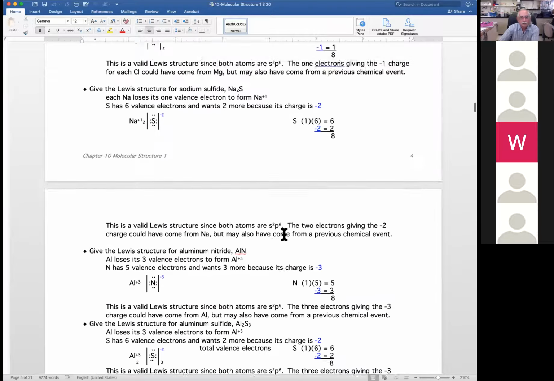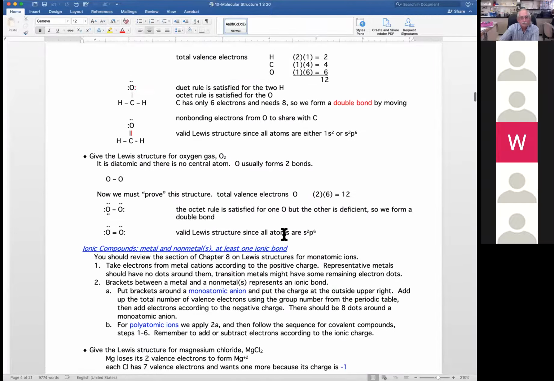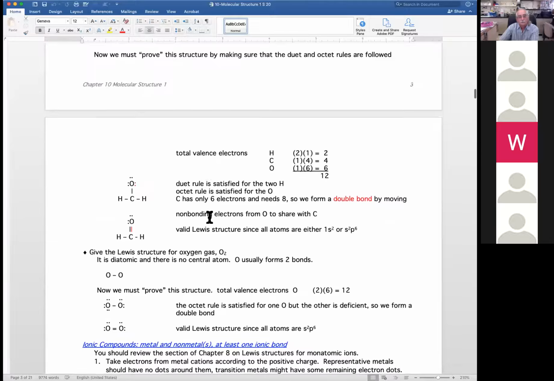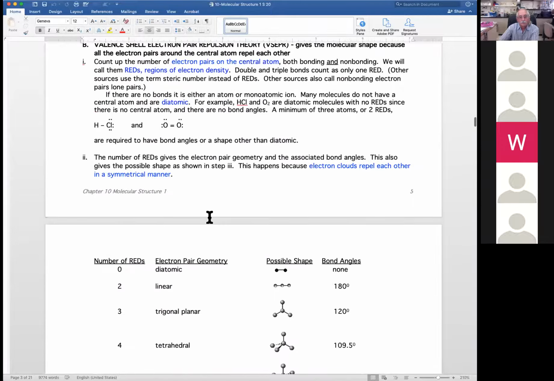For example, here, right? So those are the only possibilities that you have to deal with.